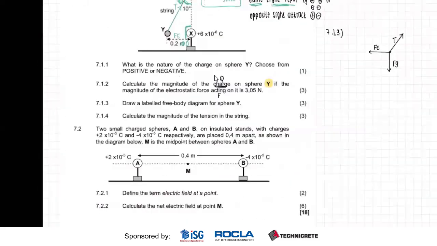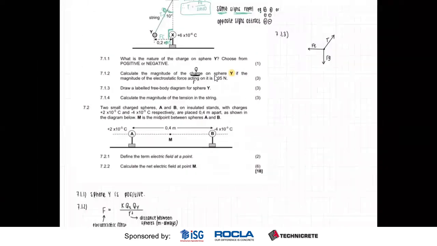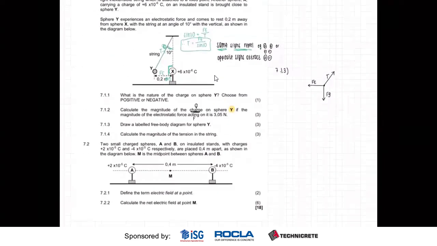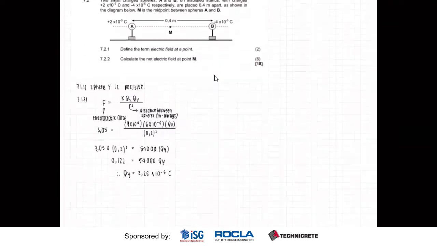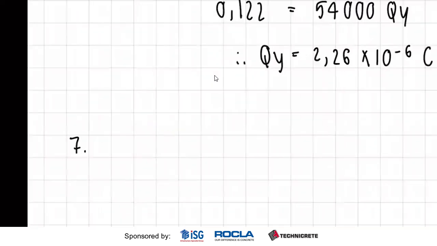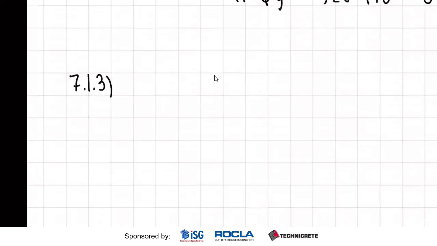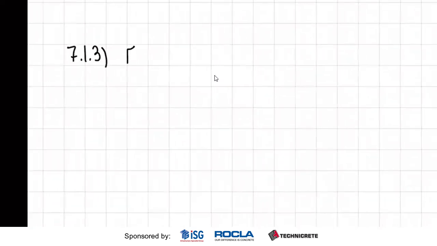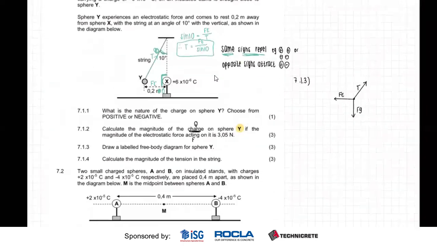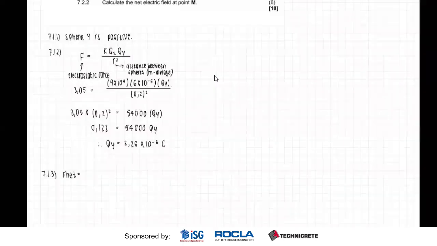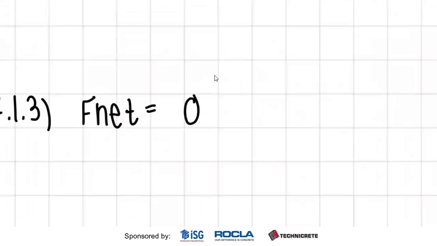Now we want to find out the magnitude of the tension in the string. The net force in this system, because everything is stationary, is 0.